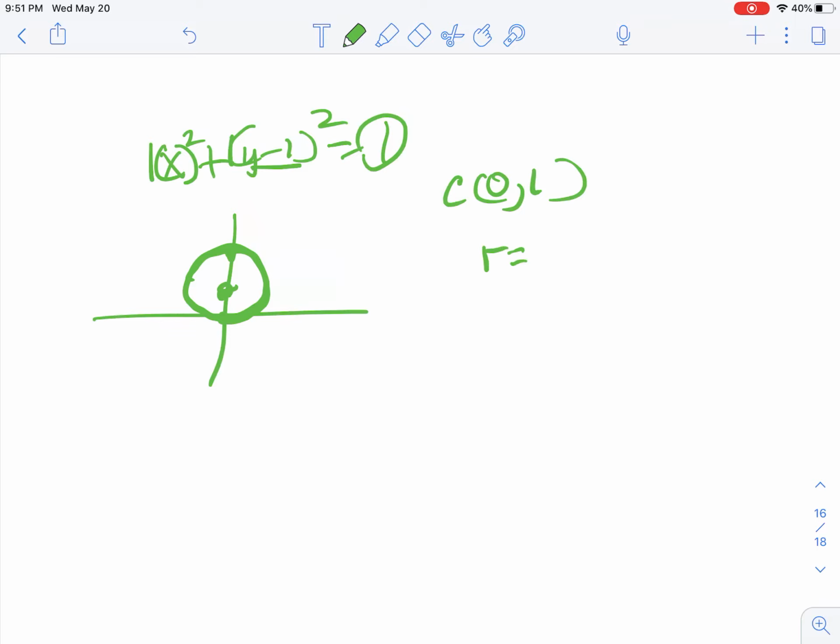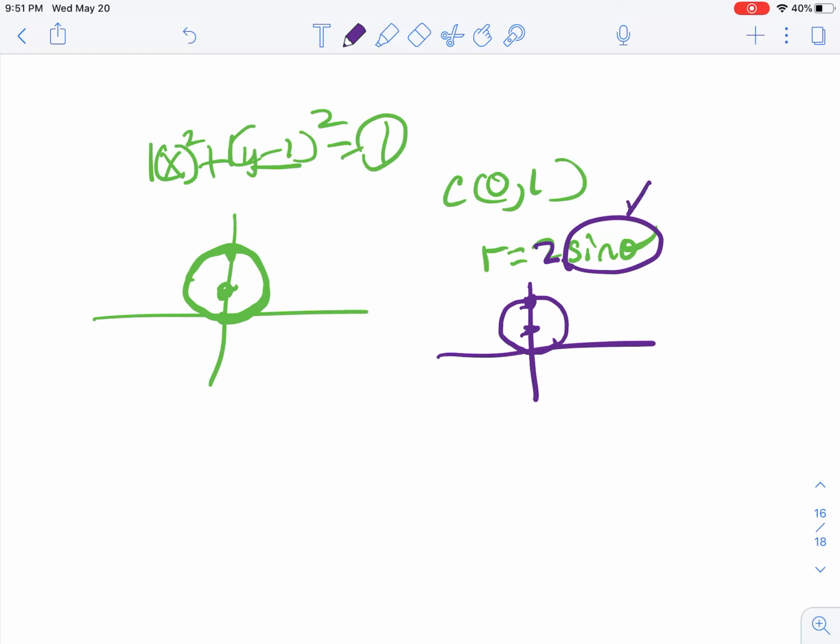Now we just changed it with polar coordinates to r equals 2 sine theta. So think about what we learned about polar coordinates. If I graph r equals 2 sine theta, this gives me the diameter of a circle that's up on the y-axis that looks like this. Same exact equation. You could find a few points, like for instance, if you found the sine of 90, you'd have 2 times 1.